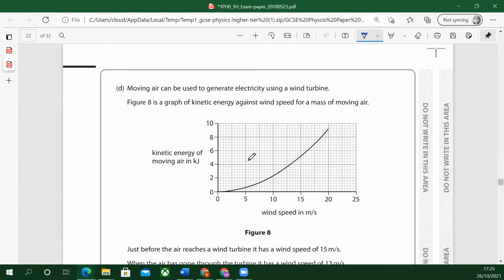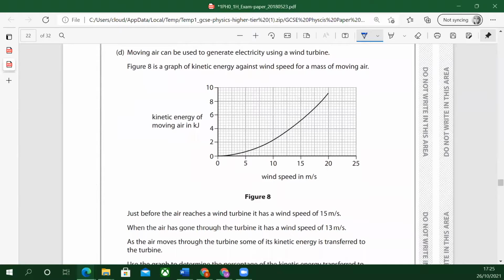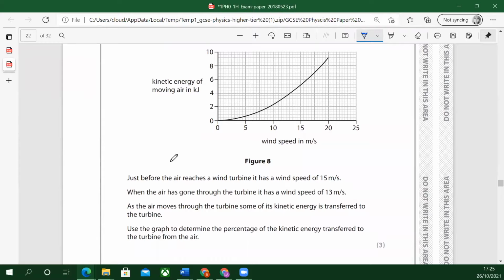Okay, so moving air can be used to generate electricity using a wind turbine. Figure 8 is a graph of kinetic energy against wind speed for a mass of moving air. Just before the air reaches a wind turbine, it has a wind speed of 15 meters per second.